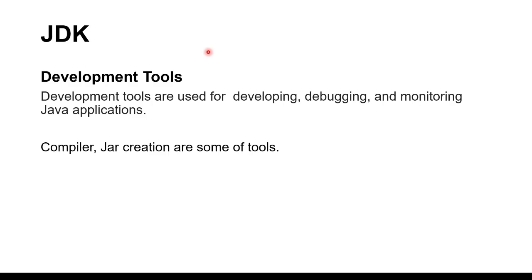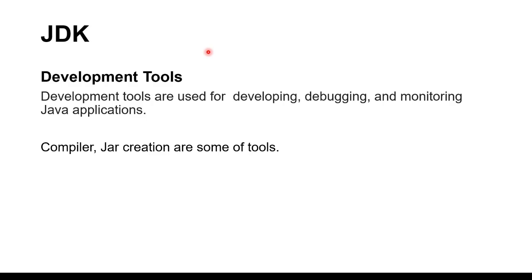For example, we write the Java code and compile it to generate the bytecode. The compiler is part of these development tools. Once the bytecode is generated, it needs to be passed to some other platform for running the Java code.